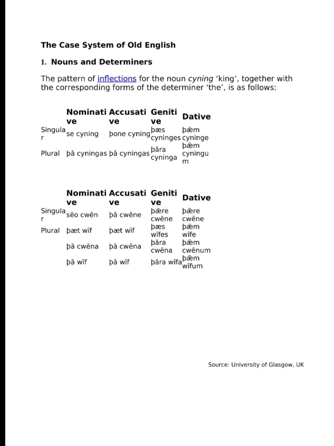Old English is famous for its inflections. Now, let's look at the pattern of inflections in nouns and determiners in Old English. The pattern of inflections for the noun king in Old English, cyning, together with the corresponding forms of the determiner the, is as follows.